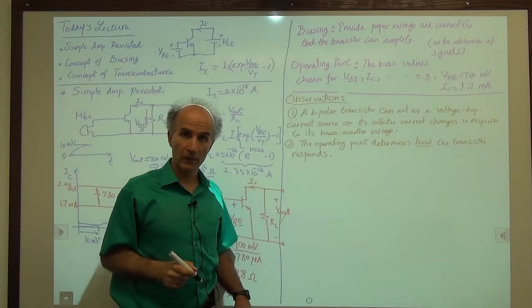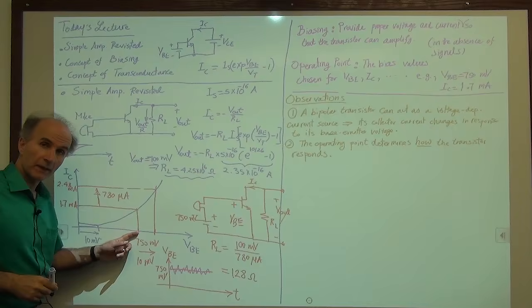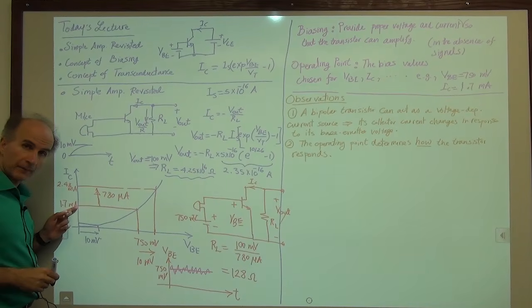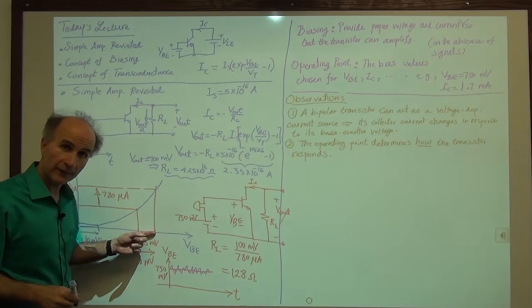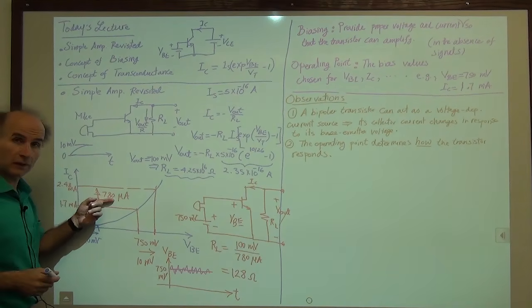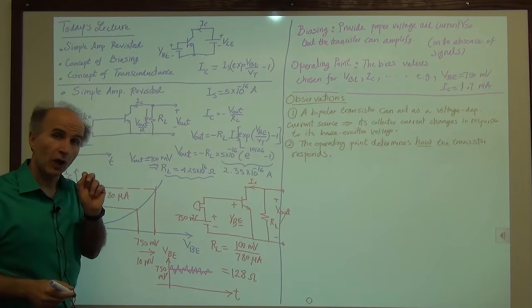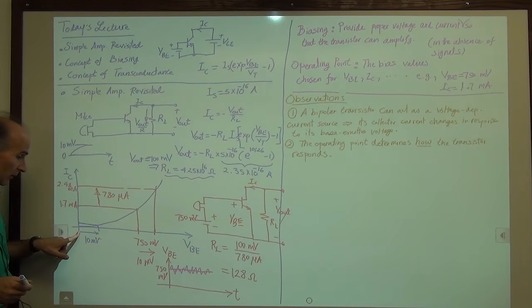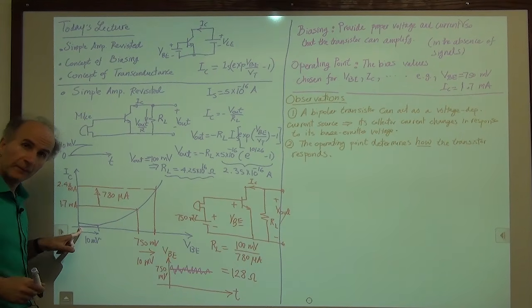But how? Well, if the operating point is 750 millivolts and 1.7 milliamps, and then we bring in a 10 millivolt microphone signal, it responds by a change in the collector current equal to 780 microamps. On the other hand, if the operating point is 0, 0, right here, that's an operating point, right?